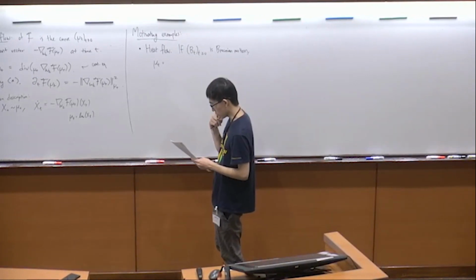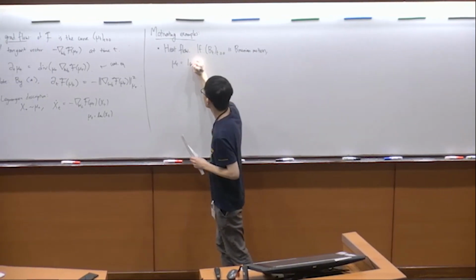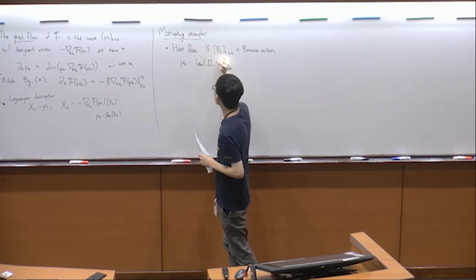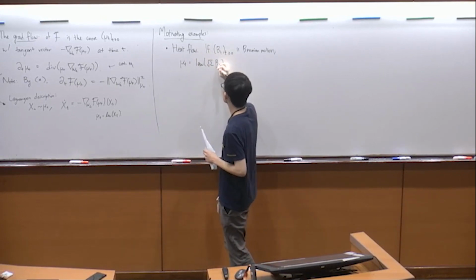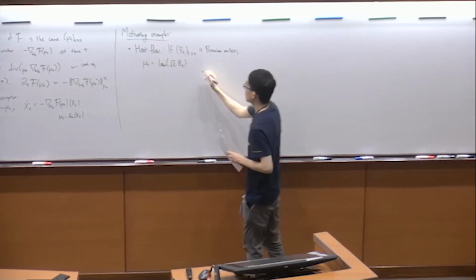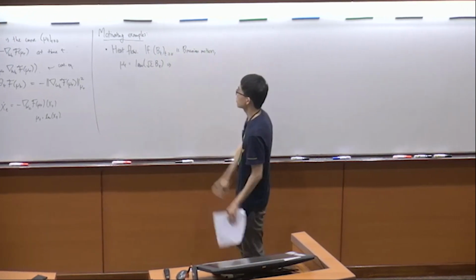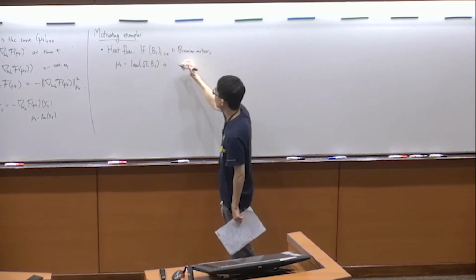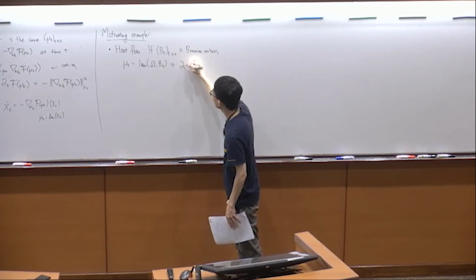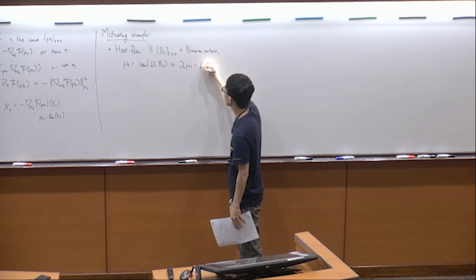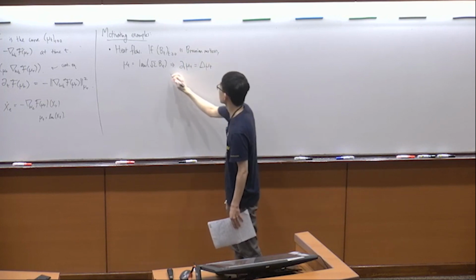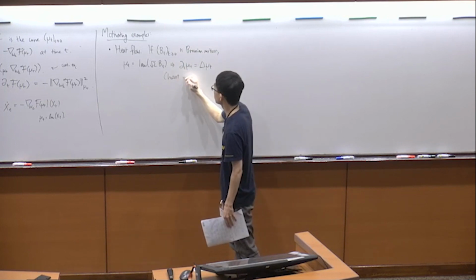Okay, so for the heat flow, let me take mu t to be the law of square root 2 times Bt. In which case, it's known that the evolution of the law of Brownian motion is given by partial t mu t equals the Laplacian of mu t. So this is the famous heat equation.